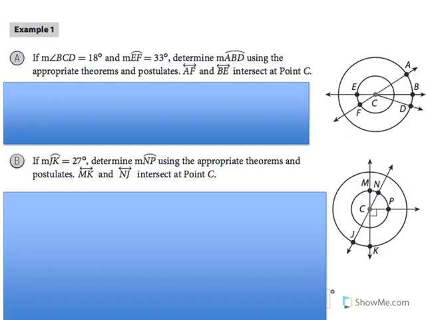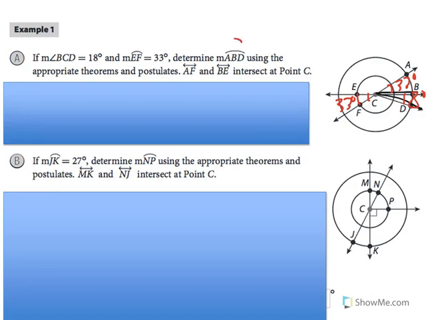Line EF and line BE intersect at the point C, so we're given that angle BCD is 18 degrees, and we're given that arc EF is 33 degrees. That means that this angle is also 33 degrees by vertical angles.